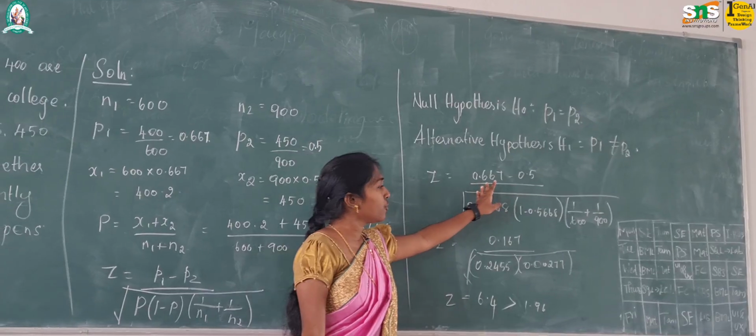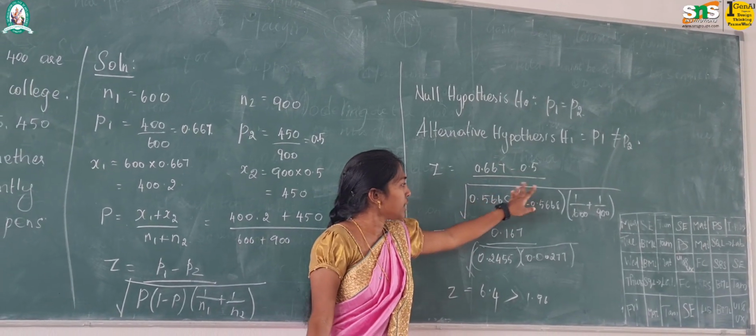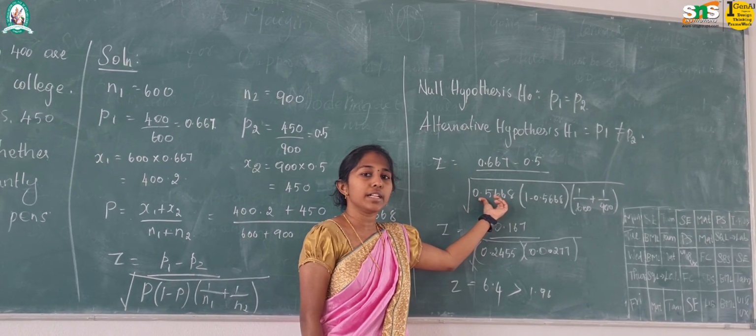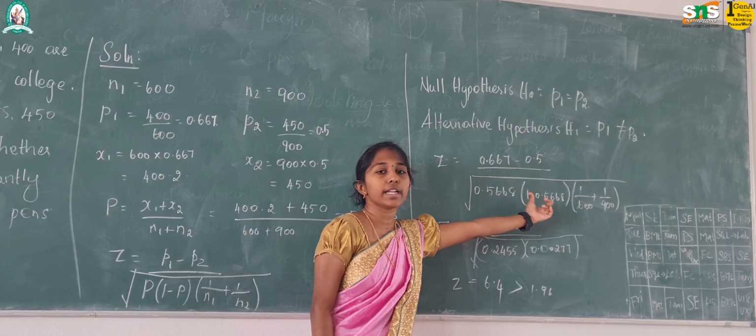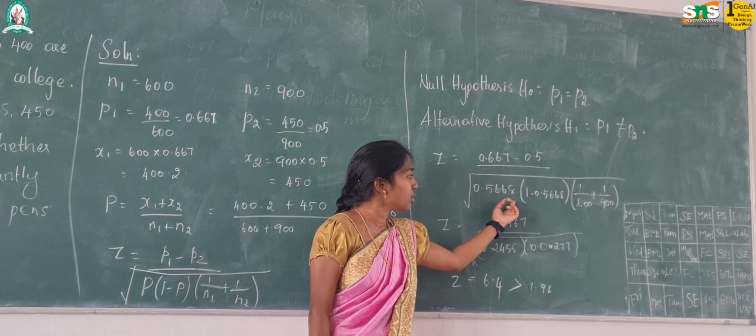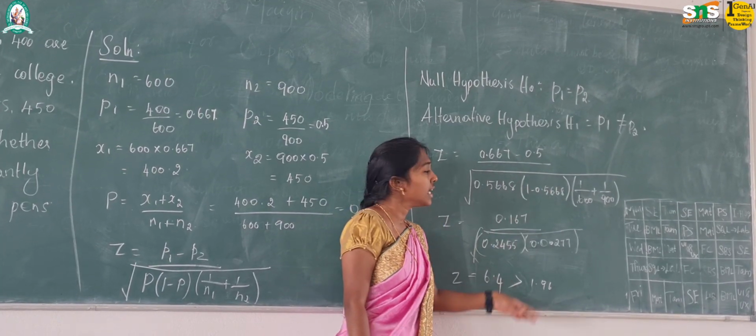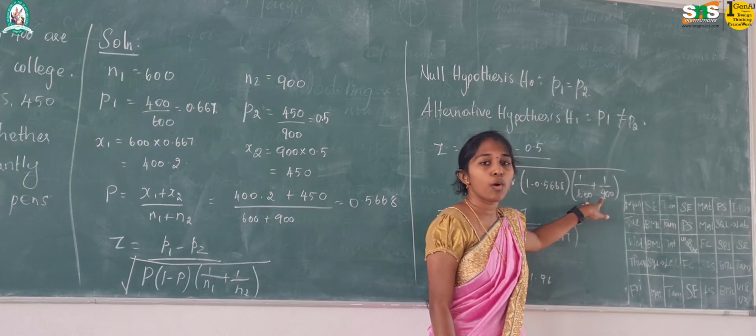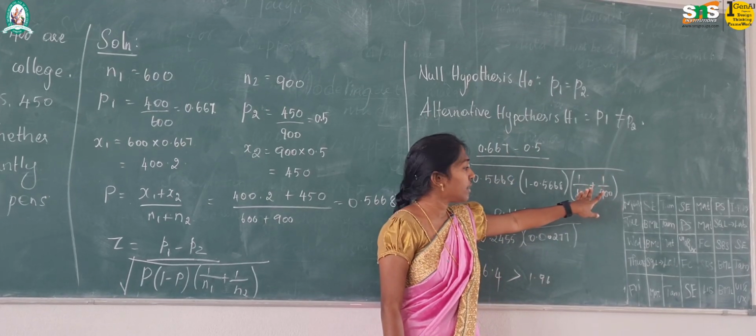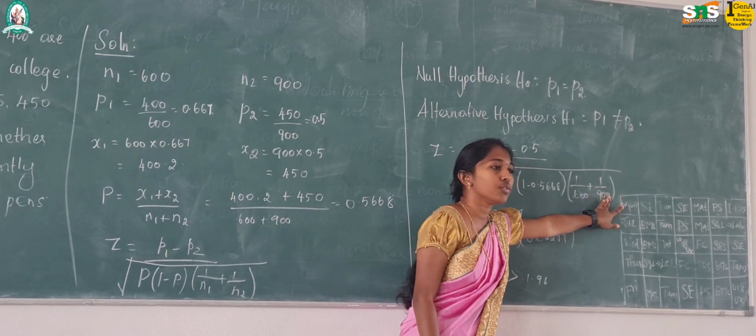I substitute the value of P1 minus P2, and then the value of capital P into 1 minus capital P, which is 1 minus 0.5668. In the next part the value will be 1 by N1 plus 1 by N2, where N1 is 600 and N2 is 900.